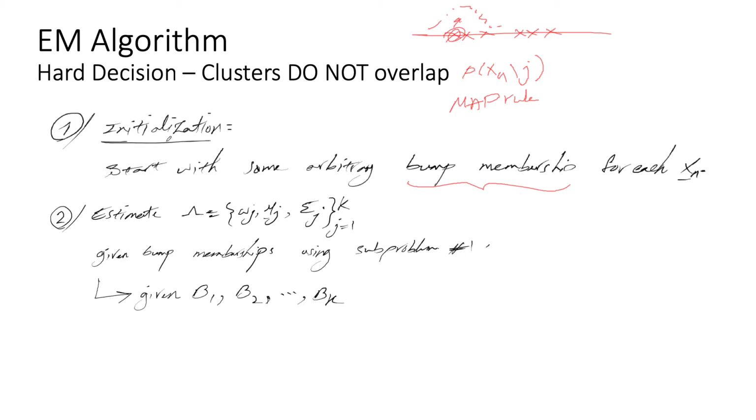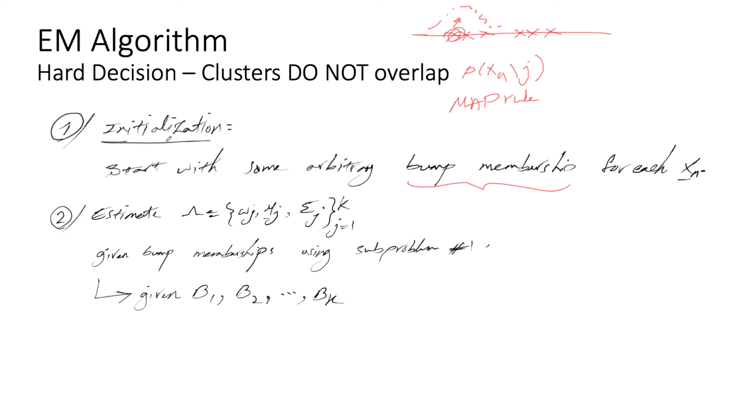And then, if you recall, we had two subproblems, subproblem 1 and 2. Think about it as a chicken and egg problem, right? First you start with some arbitrary bump membership, and then for that arbitrary bump membership, you estimate their parameters, w, mean, and covariance, right?